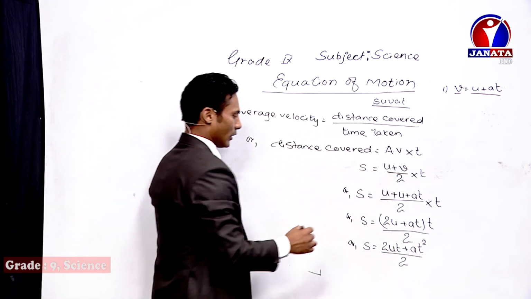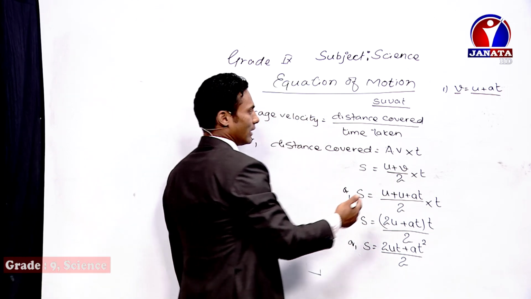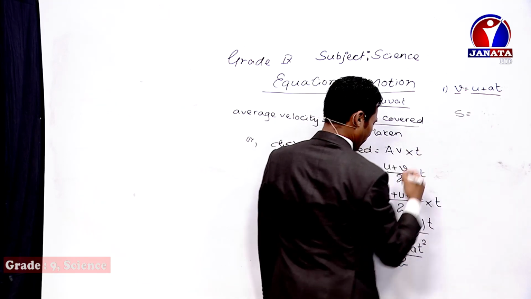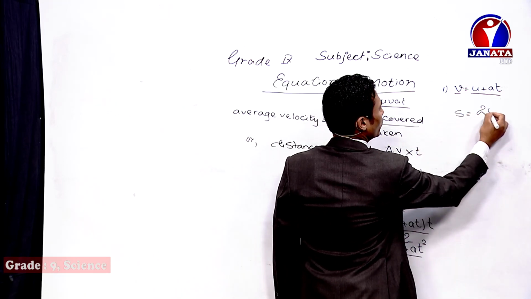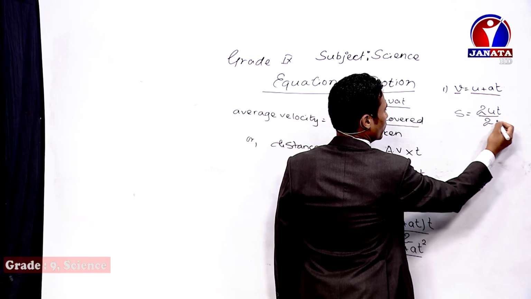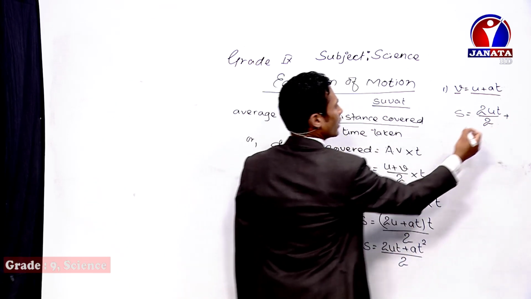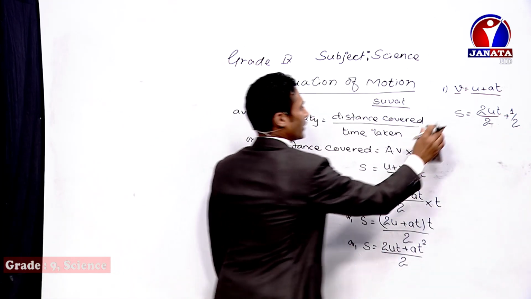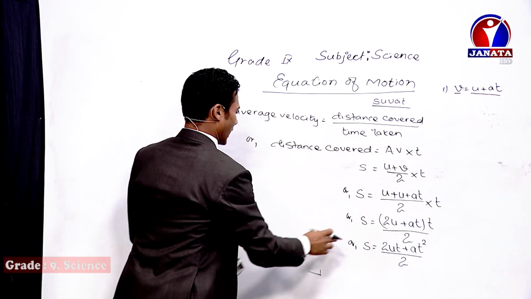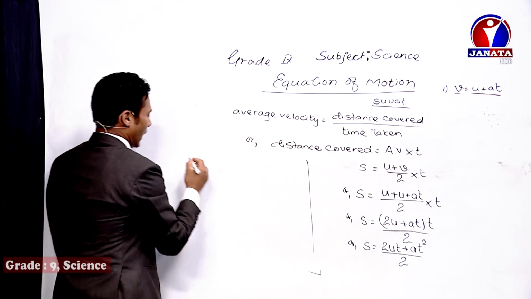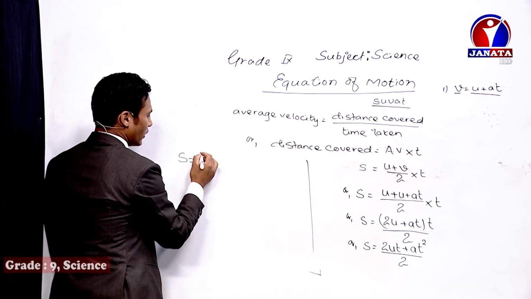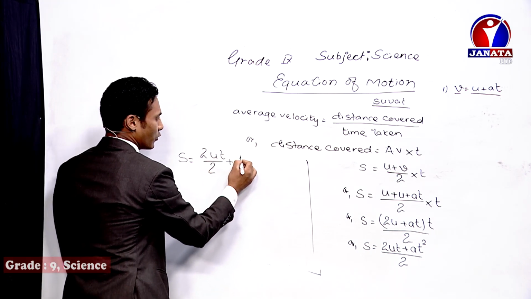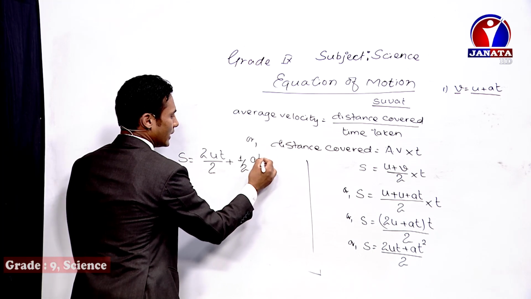Let's simplify this one. When we separate this, we get the second equation. s equals 2ut by 2 plus 1 by 2 at square. Let me write this down on the left. Once again, s equals twice ut divided by 2, plus 1 by 2 into at square.